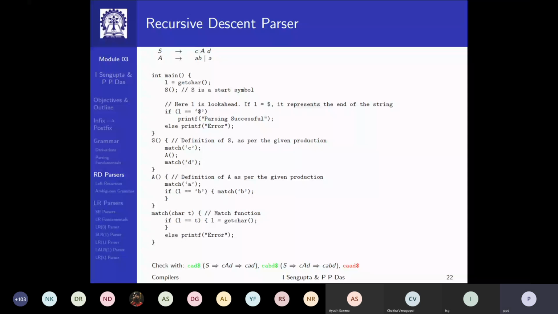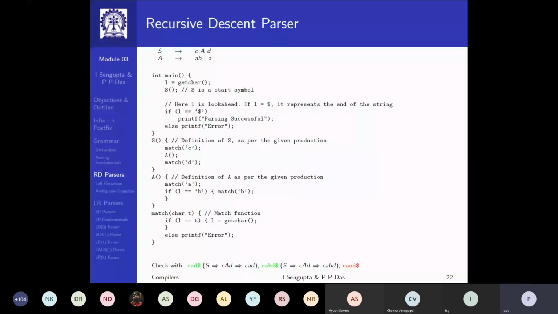As you read the input, you put it into a variable L, where L is a look ahead symbol. It is look ahead in the sense that L tells you what is the next symbol in the input, but it has not yet actually been generated by the grammar. We will continue to get L every time we do an operation.